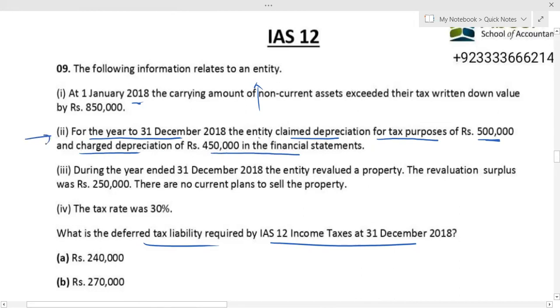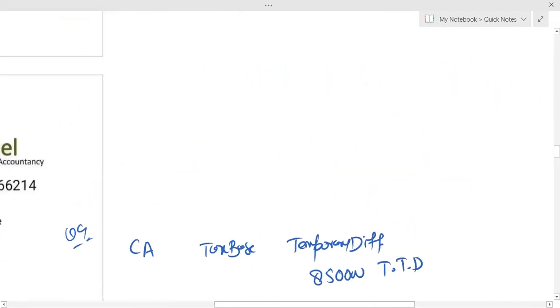That is very important. Point number 2. For the year ended December 18, the entity claimed depreciation for tax purposes 50,000. Now listen carefully. Whenever tax depreciation is more than accounting depreciation, the difference will be a taxable temporary difference. How? Let me explain. For example, assuming plant and machinery has a cost of 1,000.